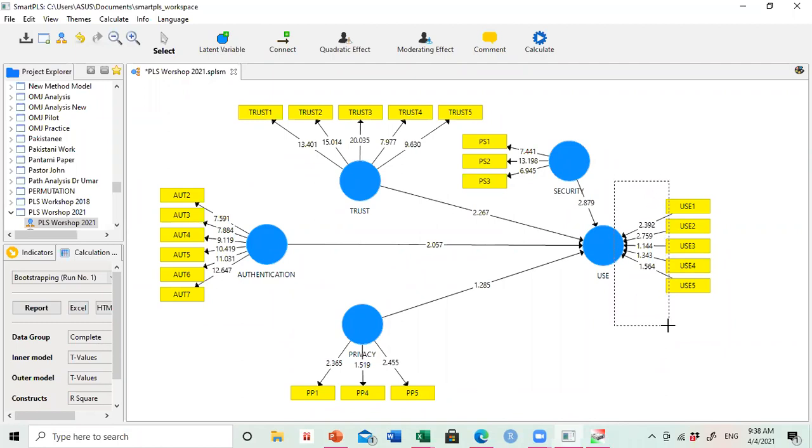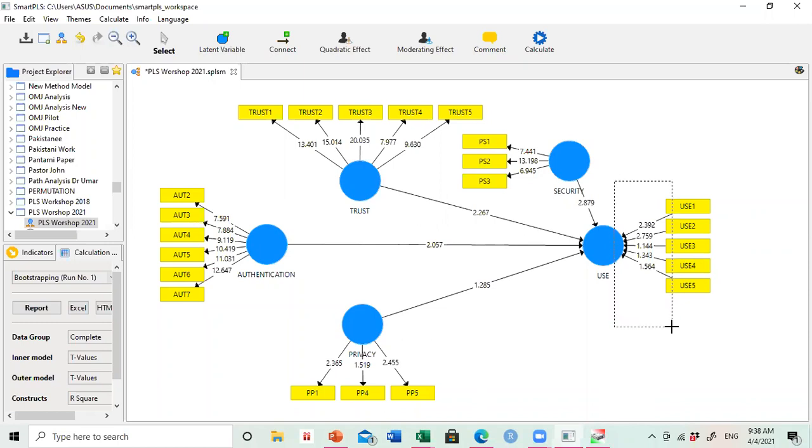We are talking about only use, items 1, 2, 3, 4, 5. So you are measuring item by item. We are talking about the measurement model, that is the relationship between items and construct. Is that understood?